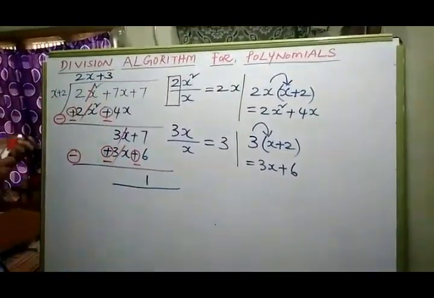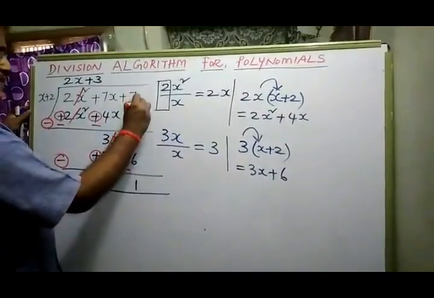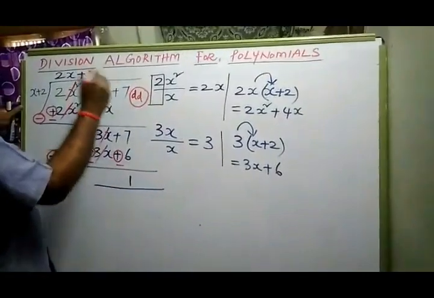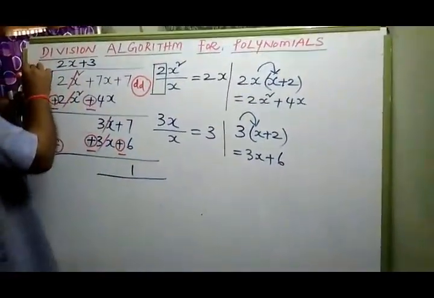Now it is very, very important. This is called the dividend, this is the divisor, this is the quotient, and this is the remainder.